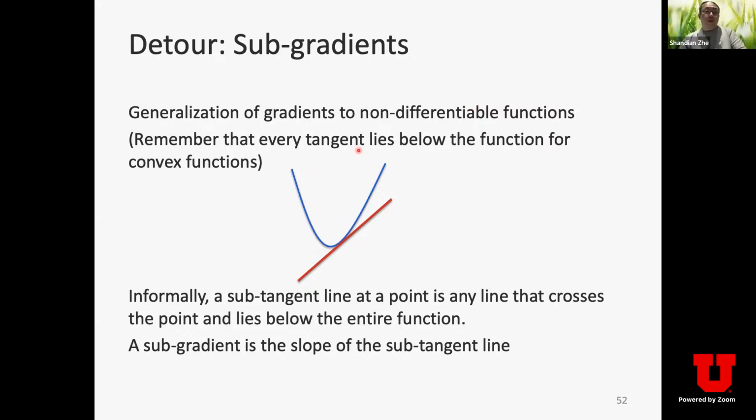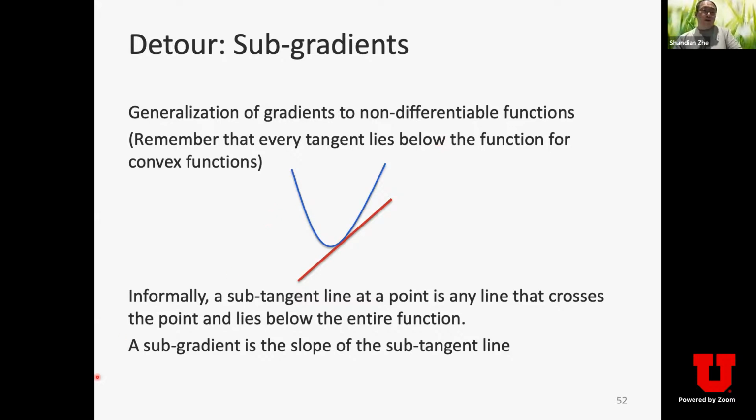This blue curve is a convex function. When we talk about convex functions, we know that every tangent line of this convex function at an arbitrary point, for example this red line, is below the entire body of this convex function. This is a property of convex functions.